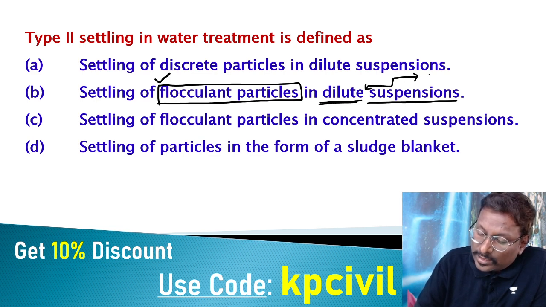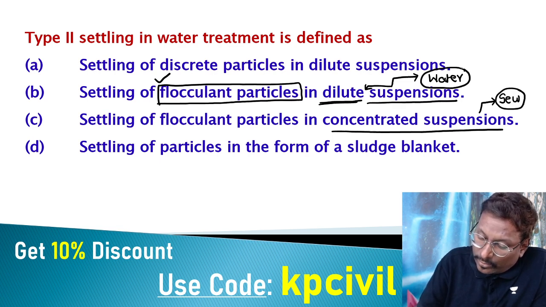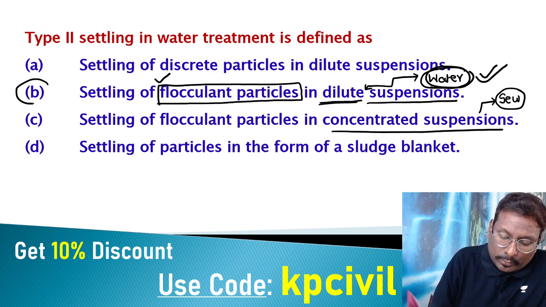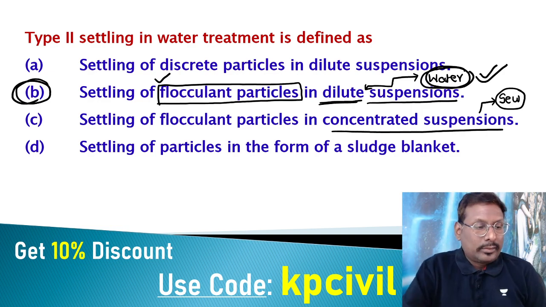Dilute suspension is water. If you consider concentrated suspension, that is sewage. But we are talking about coagulation in water treatment, so you have to take dilute suspension. Settling of flocculent particles in dilute suspension.